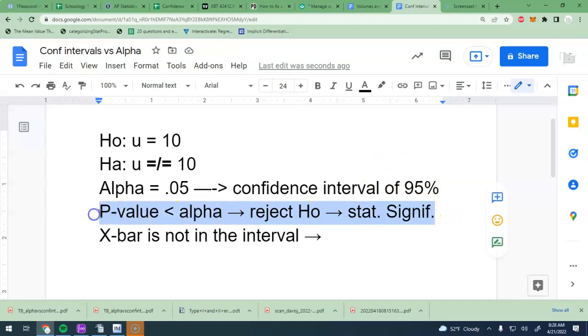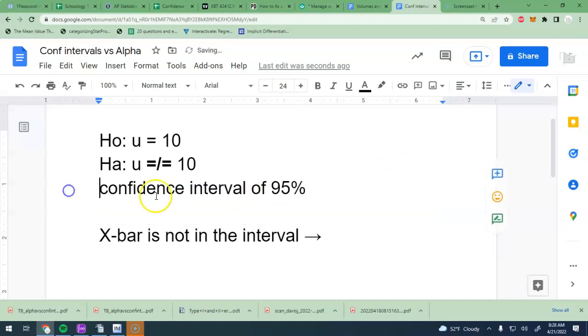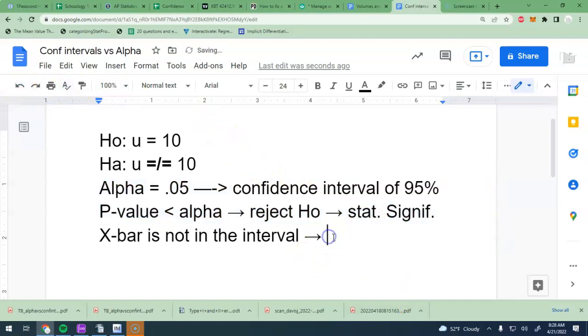Remove all of that. If you get x bar and your confidence interval is like 11 to 15, x bar is not in the interval, what would you do with the original claim? You'd reject it. So if x bar is not in the interval, you reject H0, and it's statistically significant.